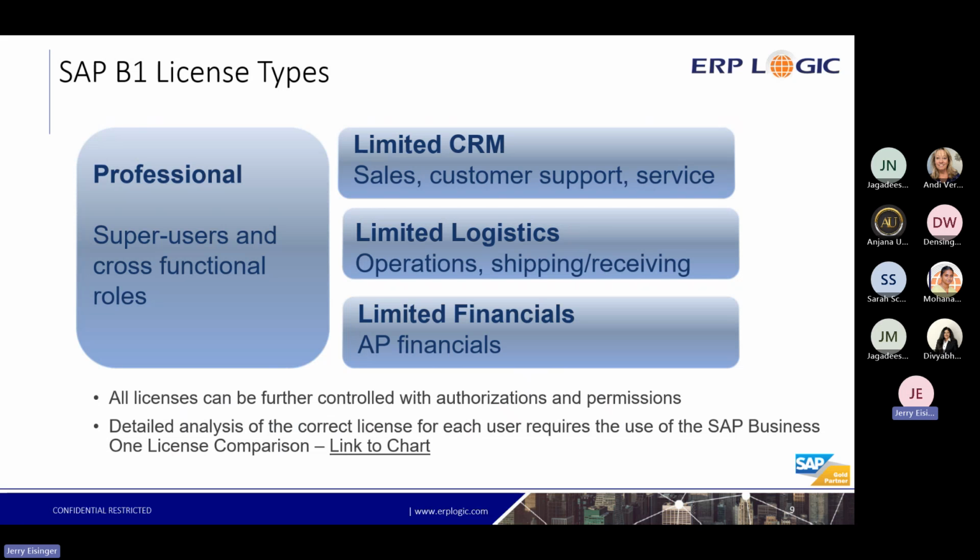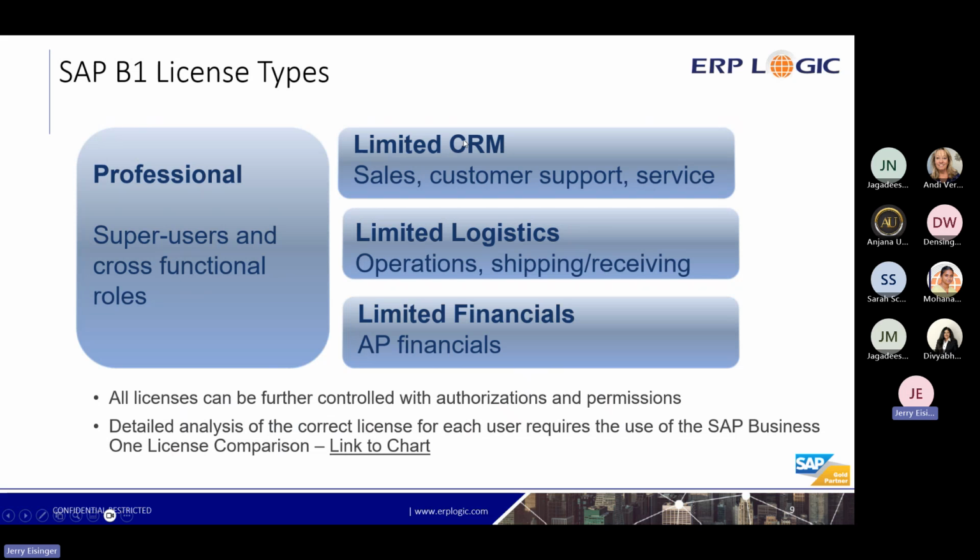And so a professional license is kind of an unrestricted license, but keep in mind, that all licenses can be further controlled with authorizations and permissions. So no matter what type of license you have, there are still a great deal of authorizations and permissions that can be set to limit what people can do within that license type.